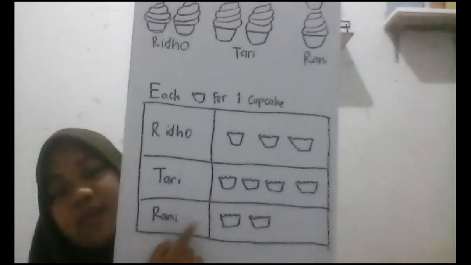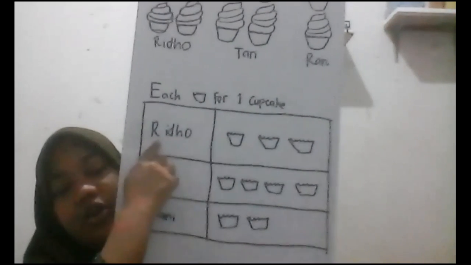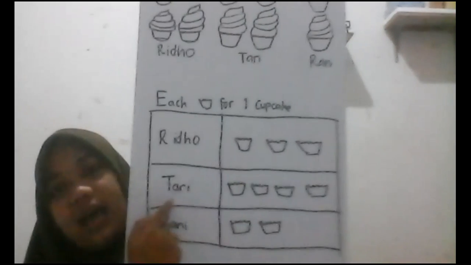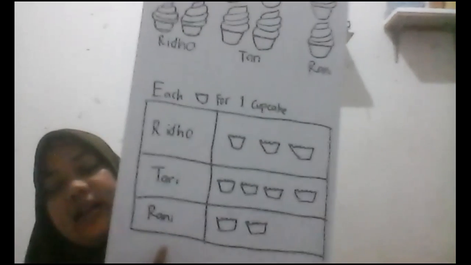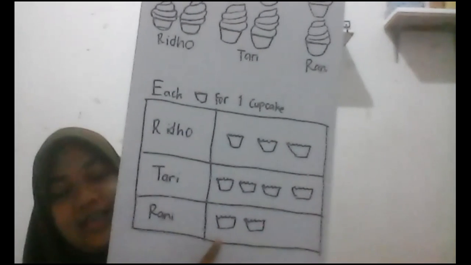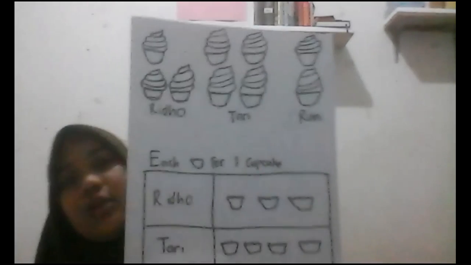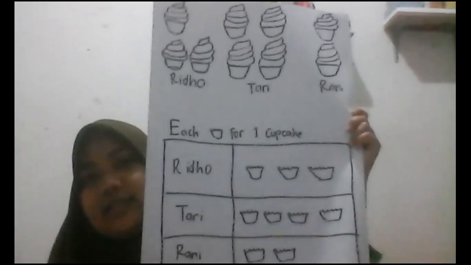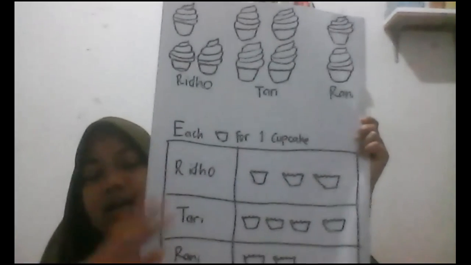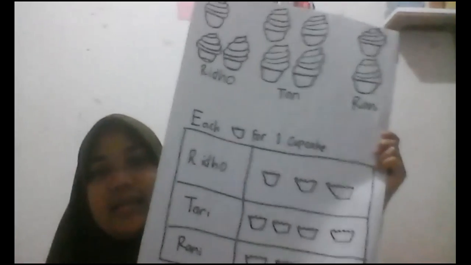And the pictogram looks like this. Rido 3 cupcakes, Tari 4 cupcakes, and Rani 2 cupcakes. You can make your pictogram look like that, or like this. It depends on you. What is the data? What data do you want to use?